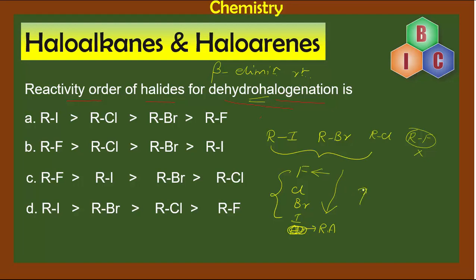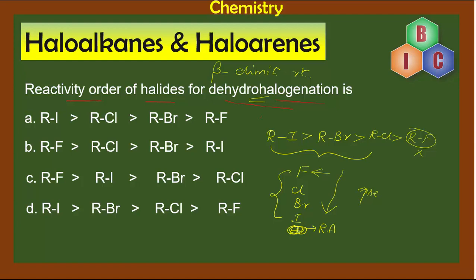Size of the atom is increasing. As the size of the atom increases, their reactivity towards beta elimination is also found to be greater. That means alkyl iodides will be more reactive than alkyl bromides, more reactive than alkyl chlorides, more reactive than alkyl fluorides.